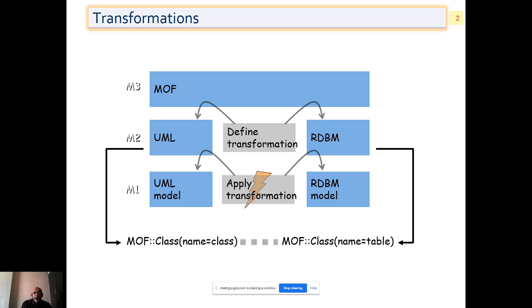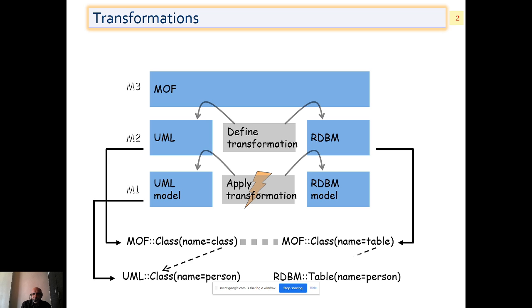So you have to apply the transformations at the M1 layer when you do the UML model to RDB model transformation. So you have got the UML class person, and the name of the person will be there with the RDBMS table, right? So just try to quickly cope up with this scene. From M3 you will be deriving M2, from M2 you will derive M1.